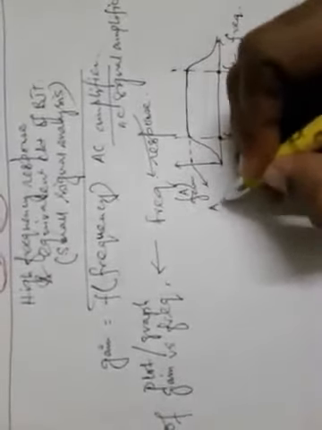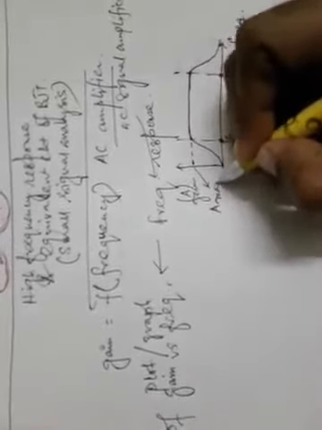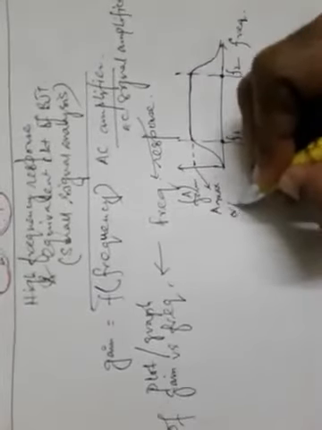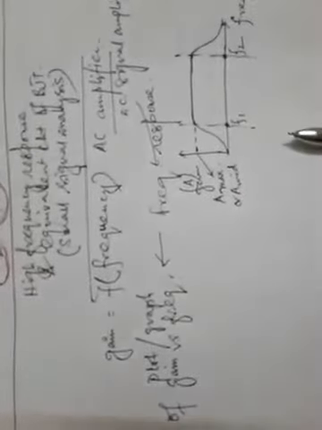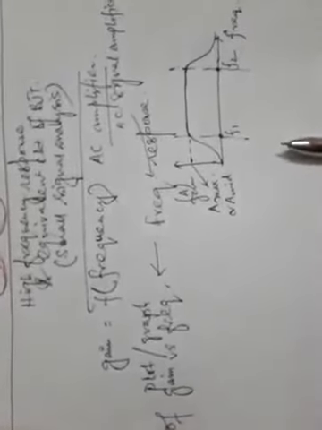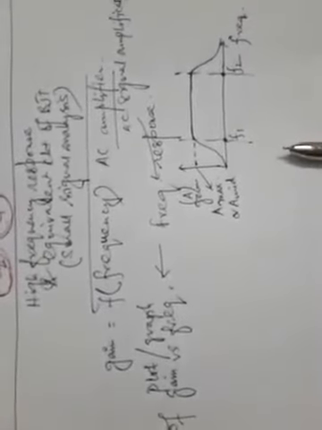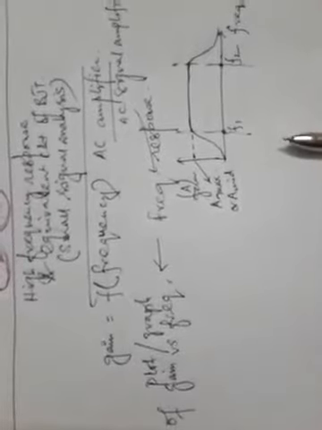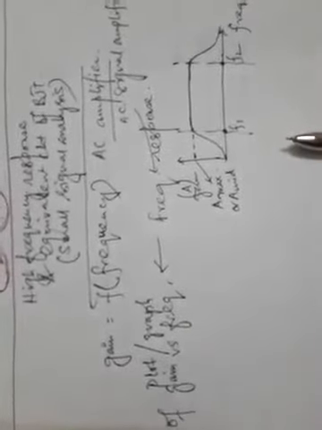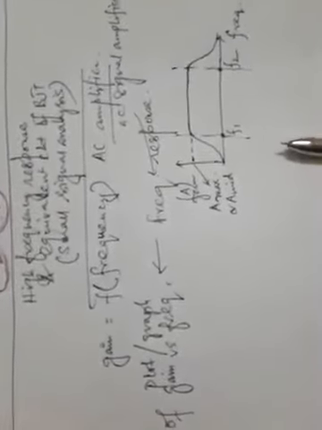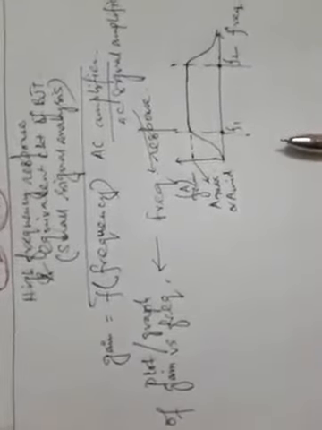So this is the maximum gain, suppose this is A max, or rather we can denote it as A mid. In this middle range, where the gain is constant, the transistor amplifier is normally operated because it is giving a flat constant gain.